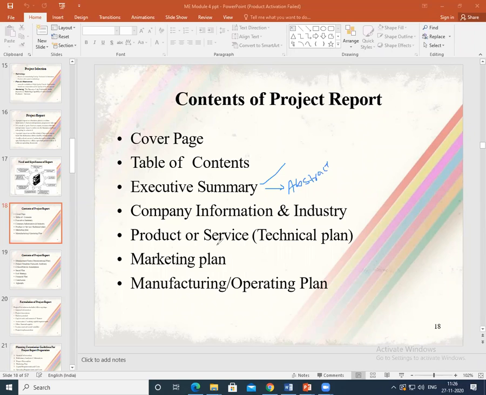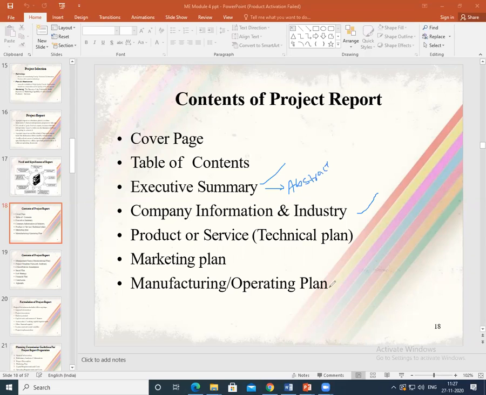Still more, you have company information and what the industry deals with. Such things may be there in the report. Then coming to the other concepts, we may have a technical plan, marketing plan.